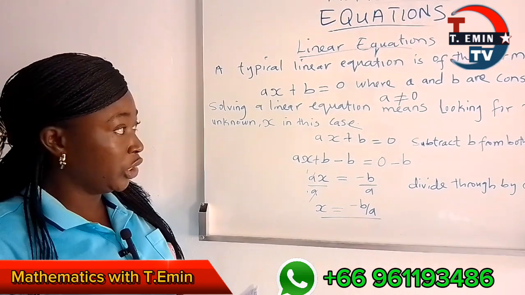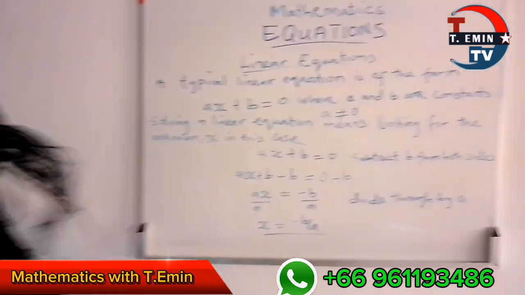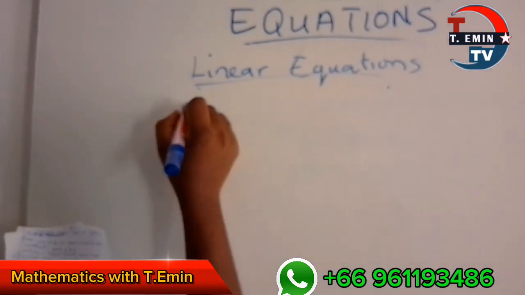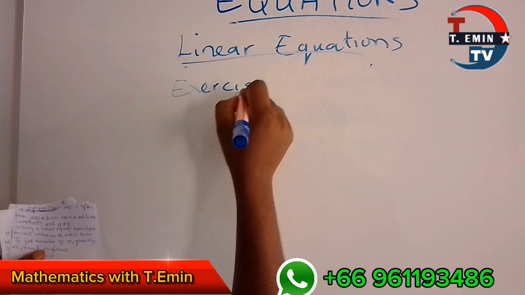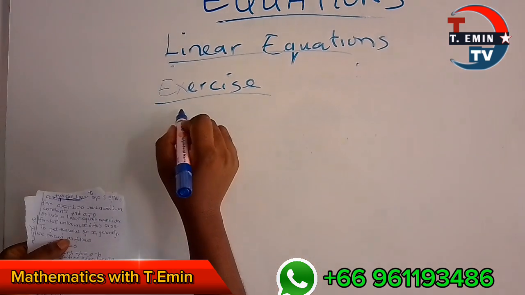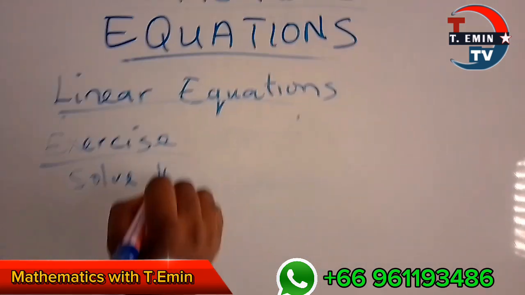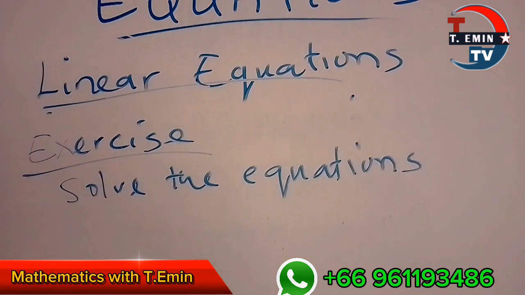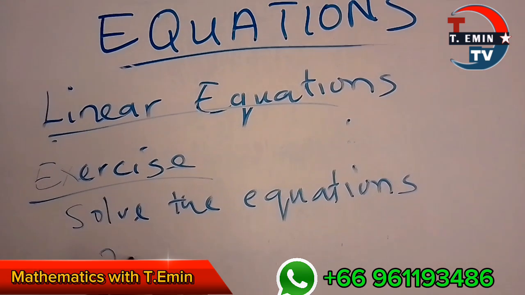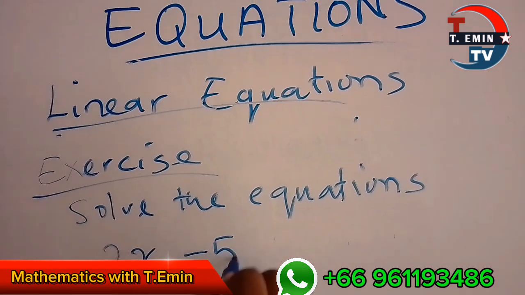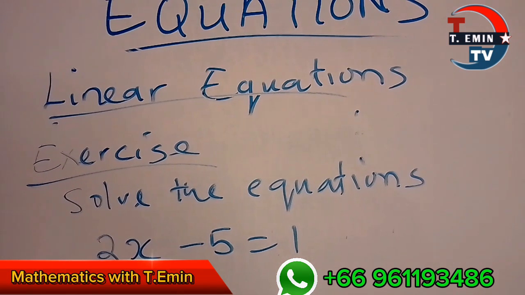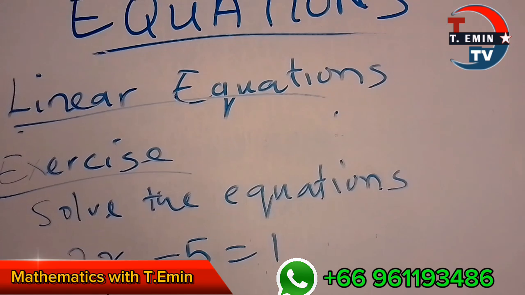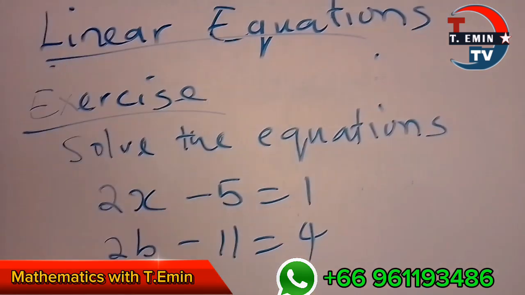So we're going to solve an equation that looks exactly like this. Exercise. Solve the equations: 2x take away 5 equal 1, and 2b take away 11 equal 4.